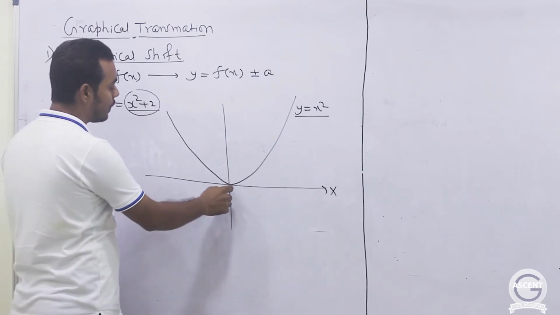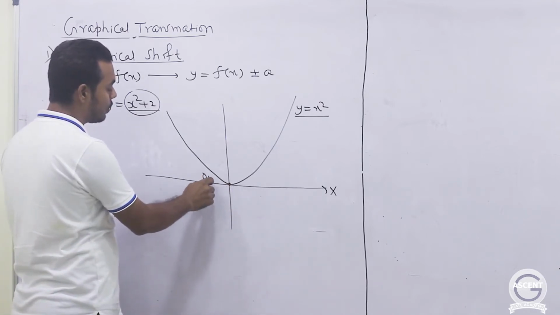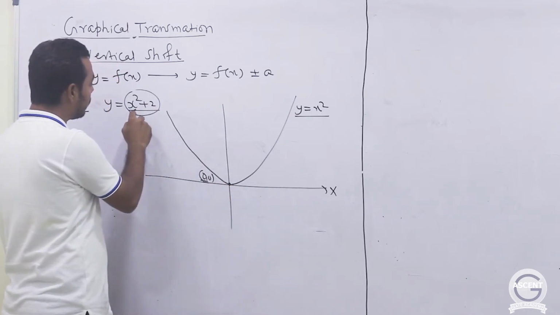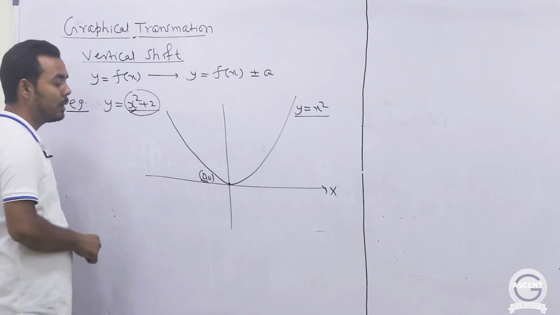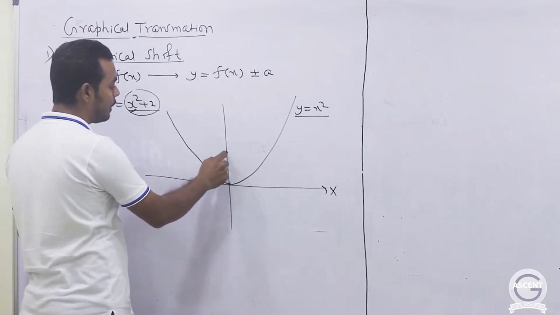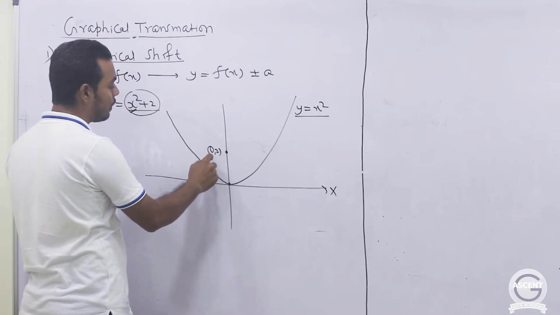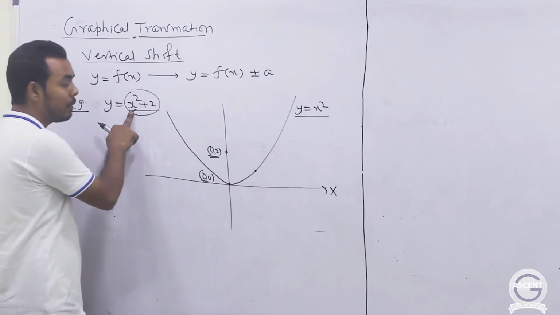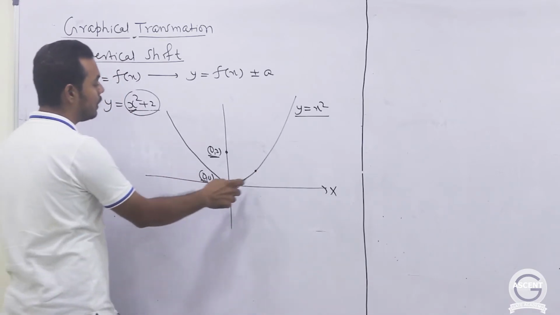On the graph y equals x square, you have x 0, y 0. Now if I place x equals 0 here, then the value of y that we are going to get is 2. So on this graph there will be a point x 0, y 2. Say here the value of x is 1, y is 1. So on this graph when x is 1, y will be 1 plus 2, which is 3.